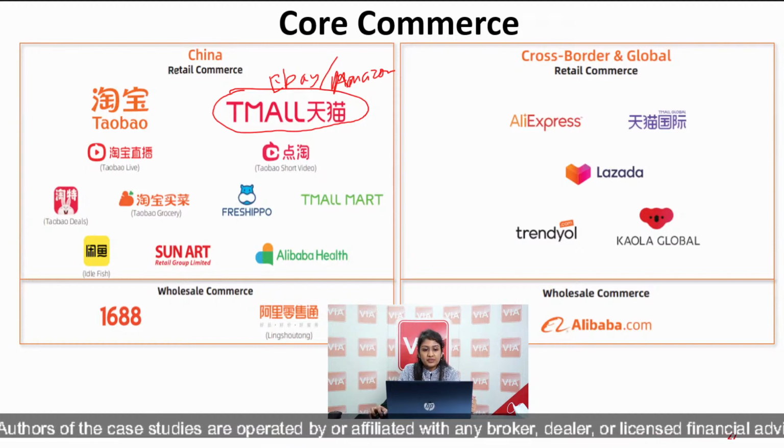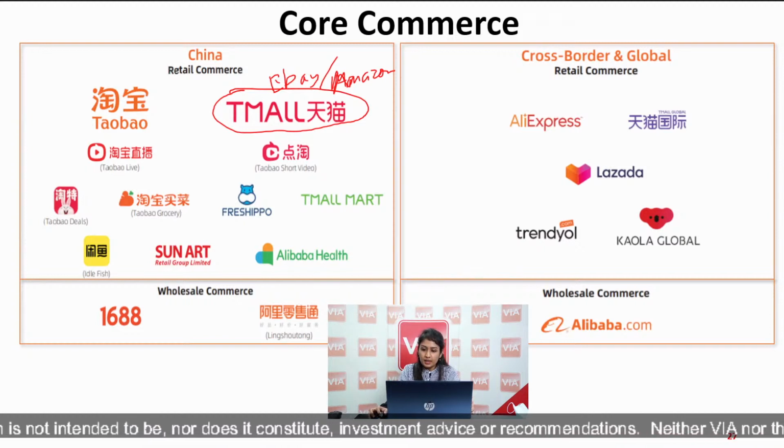So, for example, we have Freshippo, which is also known as Hema in Chinese. It is their self-operated retail chain for fresh produce, and it integrates online and offline operations, and that's why this is called new retail format, because it integrates the online and offline.